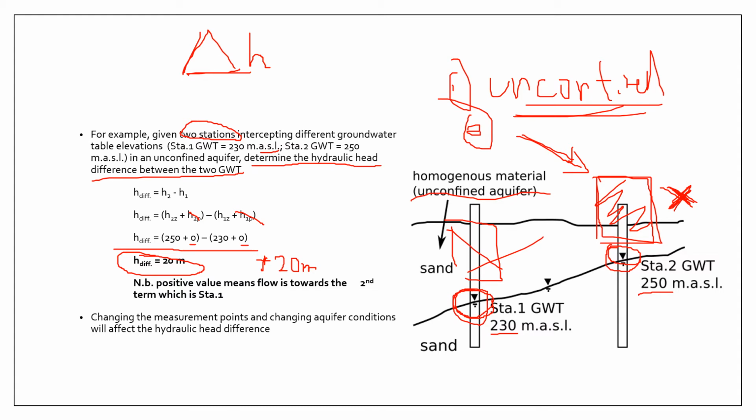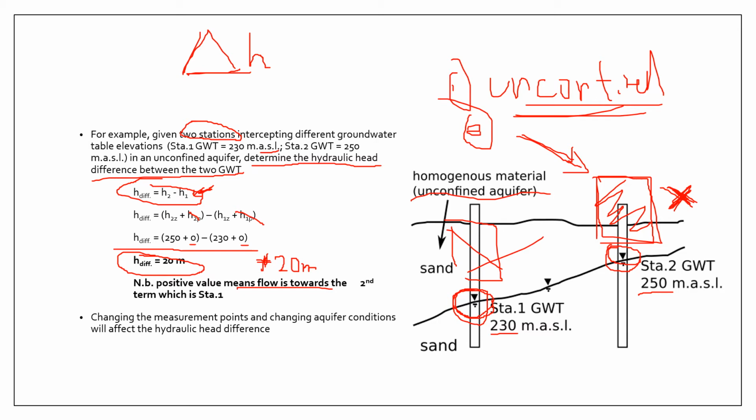Note that the value is positive, so that's positive 20 meters, which means that the flow will be going towards the second term in this point. The subtractor, I hope I'm using the correct word, is the second term here, which is H1. So you have a positive value.